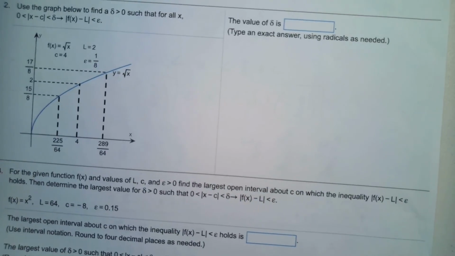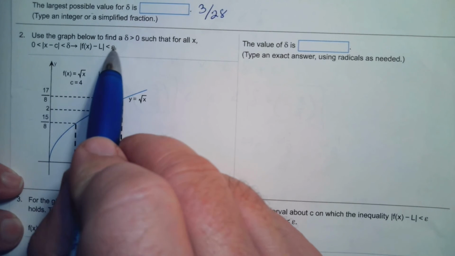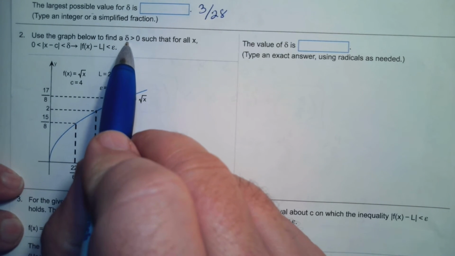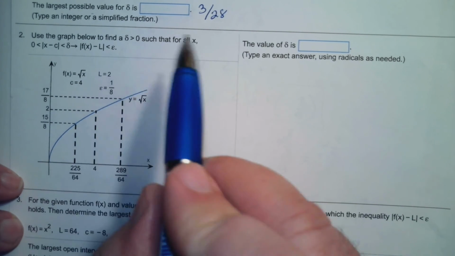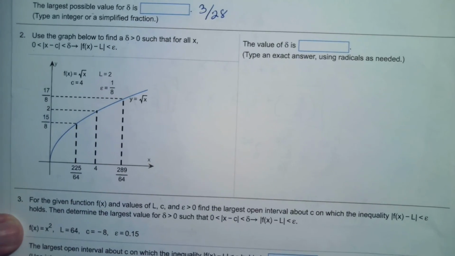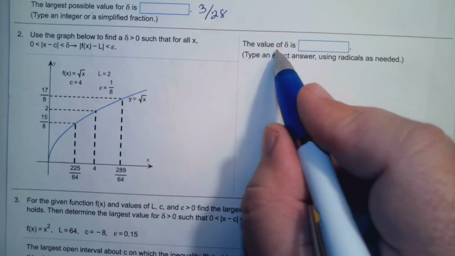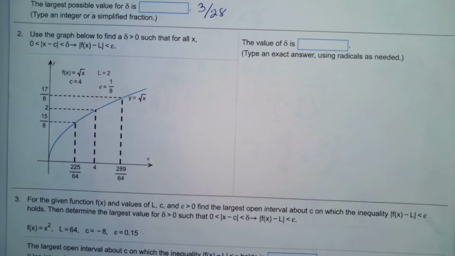Alright, now let's look at number 2. Use the graph below to find gamma greater than 0 such that for all x, 0 is less than |x minus c| is less than gamma implies |f of x minus L| is less than epsilon. So we're looking for the value of gamma, or delta.